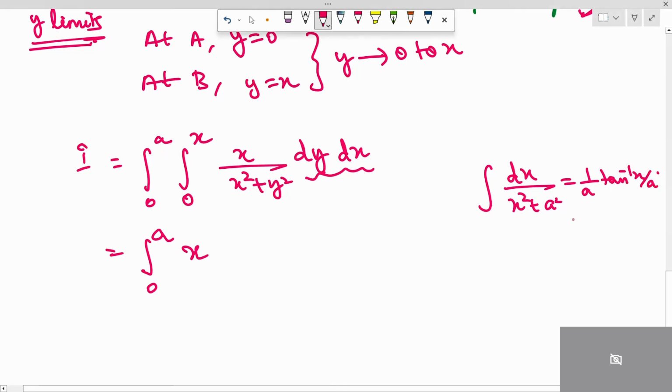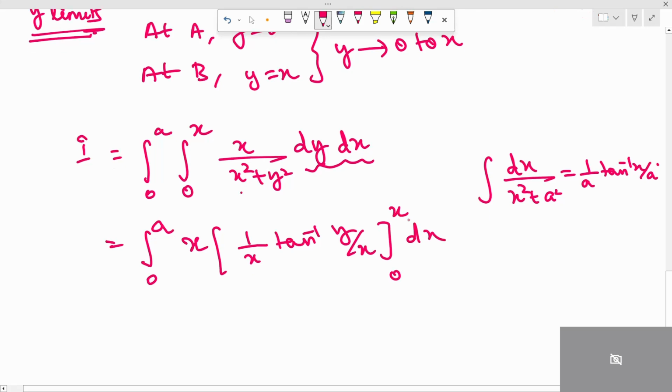Using this formula we can easily integrate, but here a is x, and x is y. So 1 by a is here 1 by x into tan inverse of y by x into dx, limit will be 0 to x.